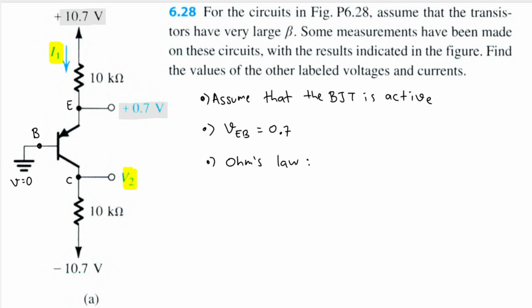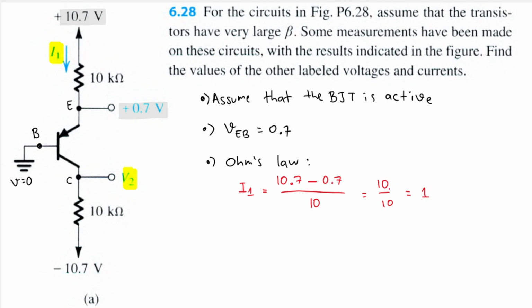We will have I1 equal to 10.7 minus 0.7, divided by the resistance between them, which is 10 kilo ohm. So we will have 10 divided by 10, and that is 1.